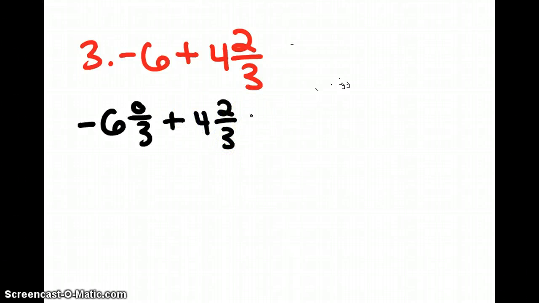And when thinking about this, if it's a negative plus a positive, you kind of have to think of it like you're subtracting basically.